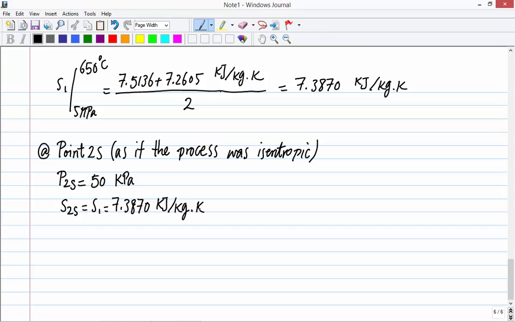I'm doing all these to find the status, the condition of steam at the outlet, to find how much is enthalpy and just put it back in the first law and solve for W dot out. So now I have two intensive properties, pressure and entropy. All I need to do is to find the entropy at saturated liquid and saturated vapor at this pressure, 50 kPa, and then compare those two values with this entropy that I have, and then conclude if it's subcooled, a liquid vapor mixture, or superheated vapor.